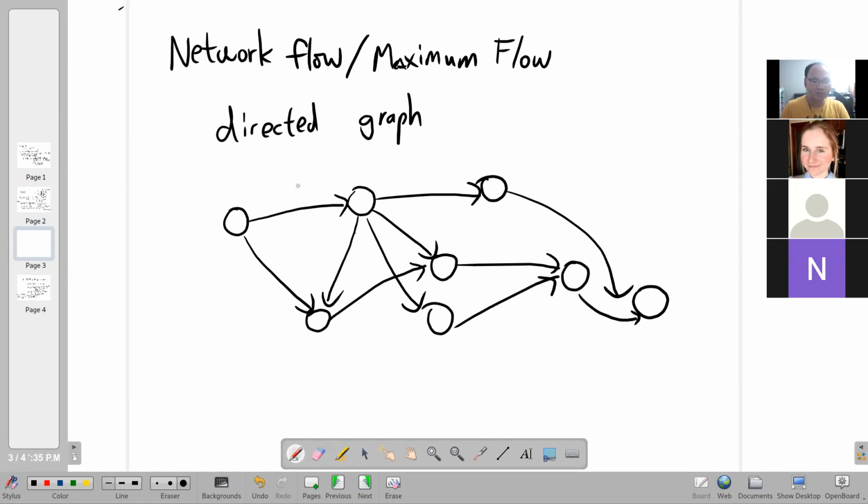Okay, on each edge, there's a number. Usually a positive number, could be 0, but we don't think that there can be negative numbers. Let me think here. I'm missing numbers.